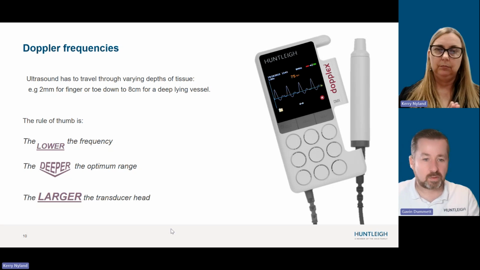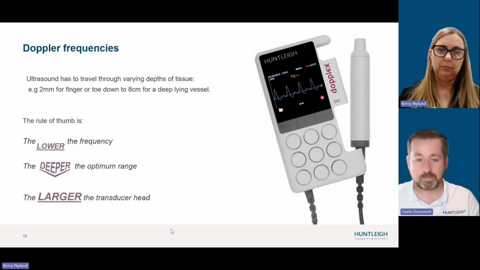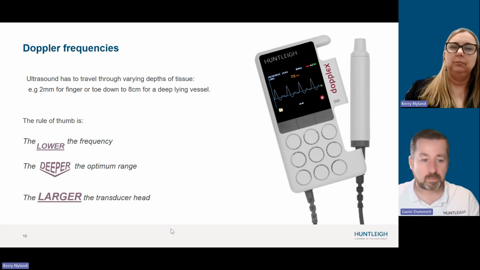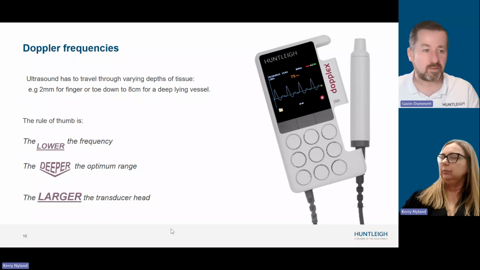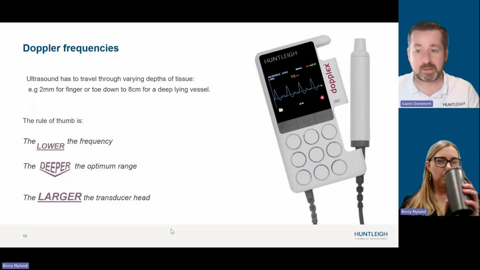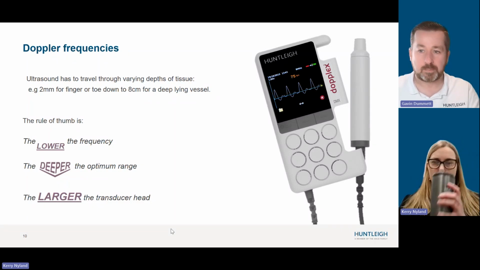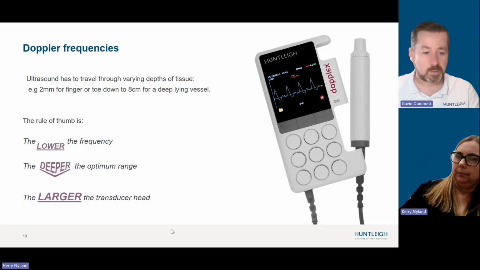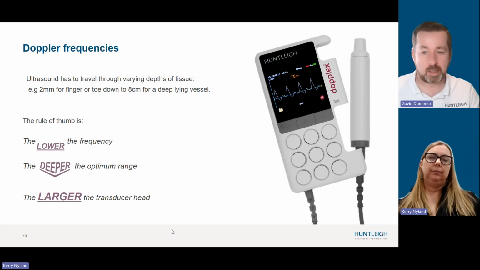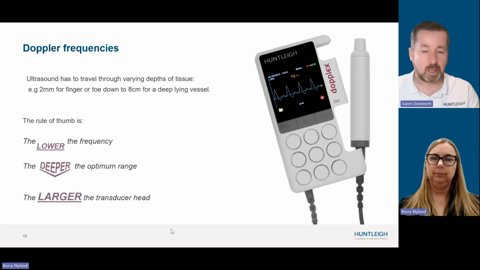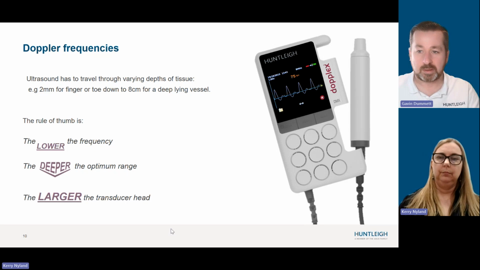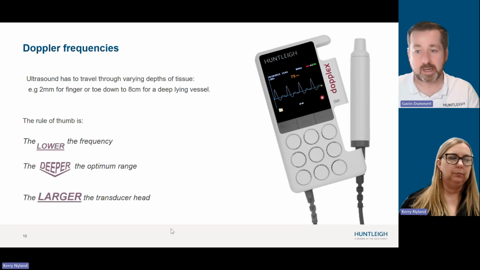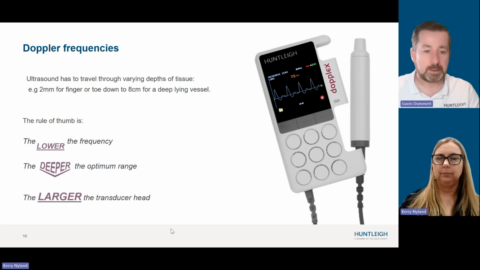Okay, so when it comes to the probe frequencies, the rule of thumb is the lower the frequency, the deeper into the body the signal goes. So the lower the frequency, the deeper the optimum range, and then obviously you can distinguish by the size of the head of the probe as well.